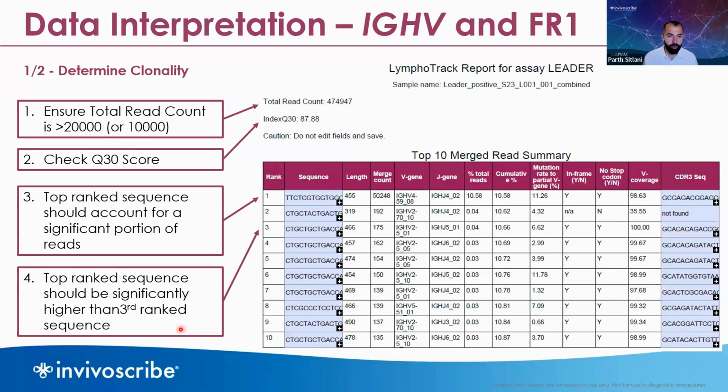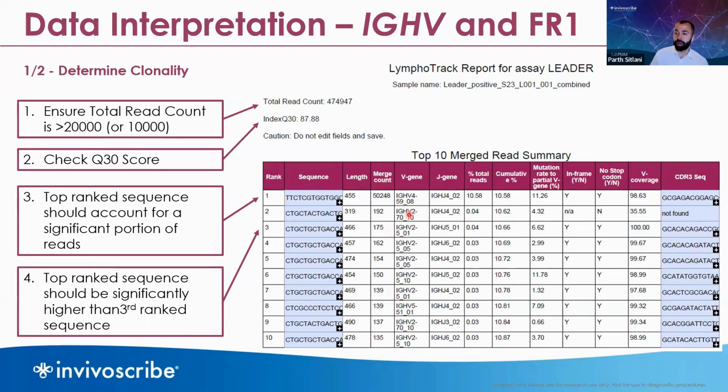But the MRD software doesn't care about the top 10. It doesn't look at only the top 10 sequences. In fact, as you see here, there are 474,000 reads present in this sample, and the top 10 table only shows about 12% of those reads.